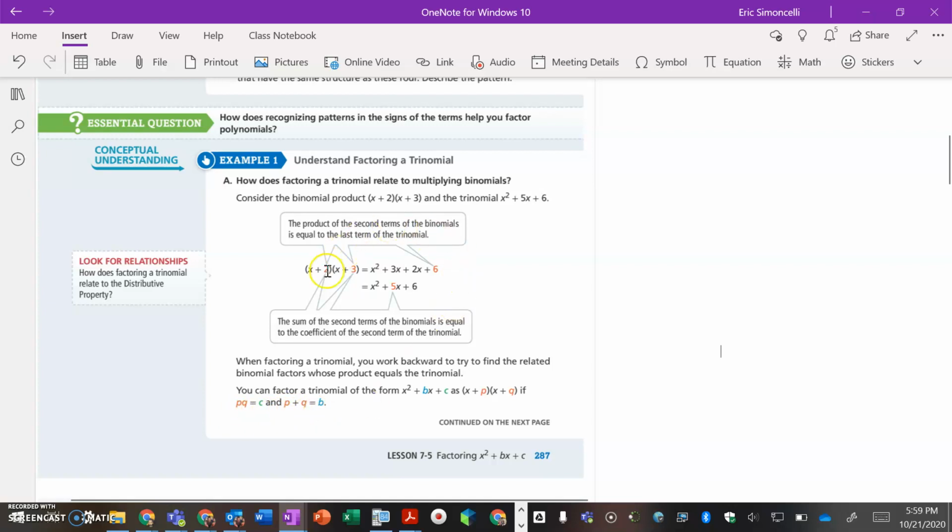In the context of what we just did, 2 times 3 is your p times q, which is equal to 6. And 2 plus 3 yields 5. Your p plus q yields 5. We are eventually going to start with a problem where I give you the trinomial and you have to figure out the two binomials.